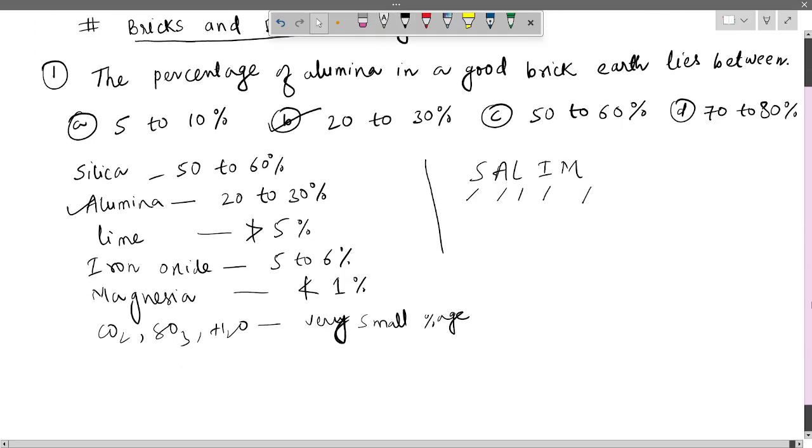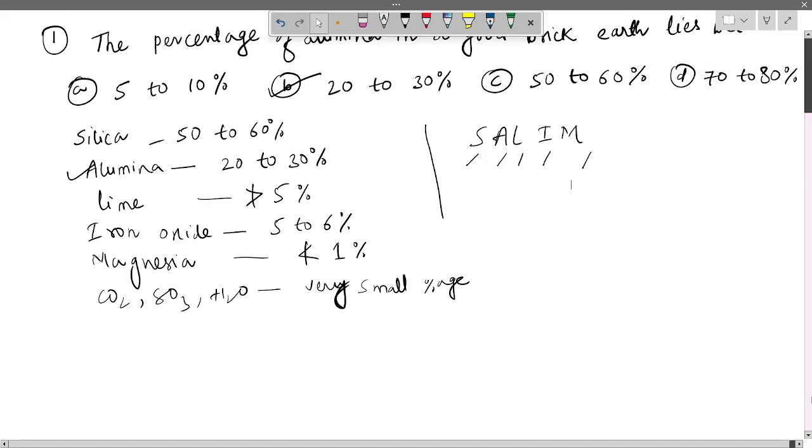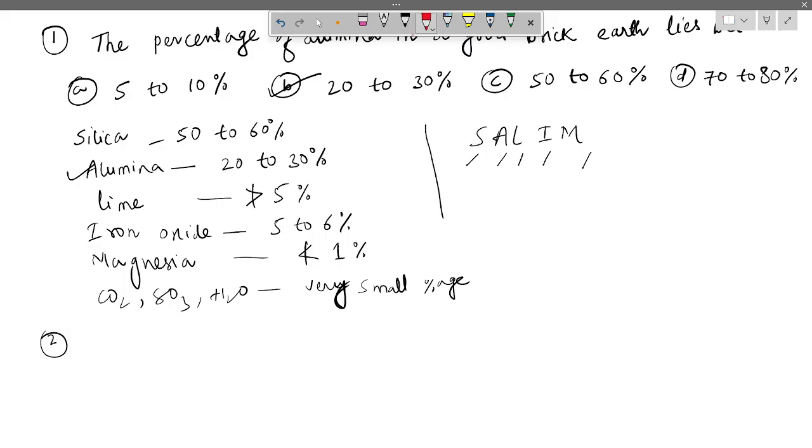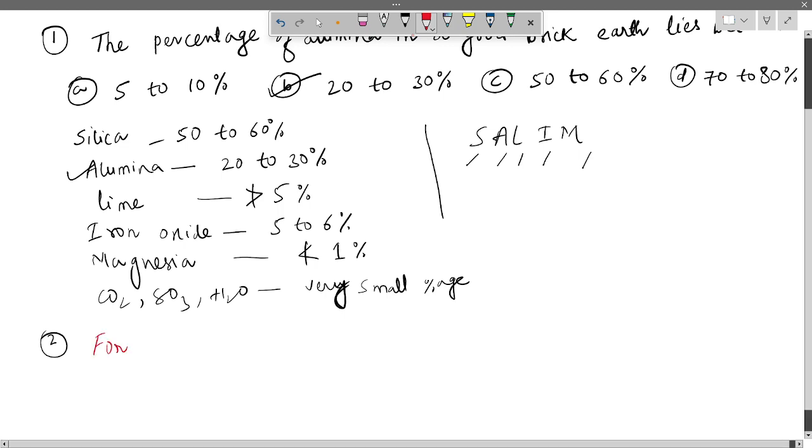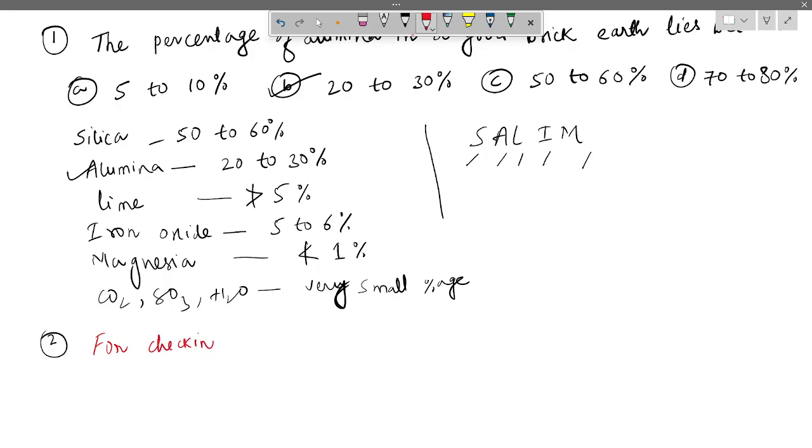Next question will be: for checking the length of bricks as per Indian standards, how many bricks are to be taken? It is very simple, a laboratory type question. It is also asked in SSC JE.